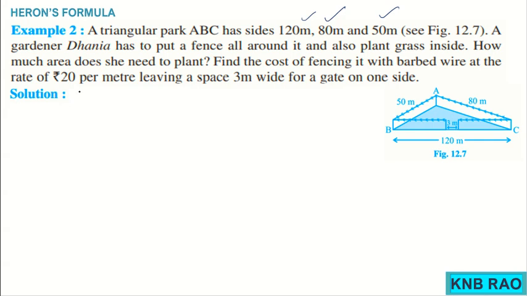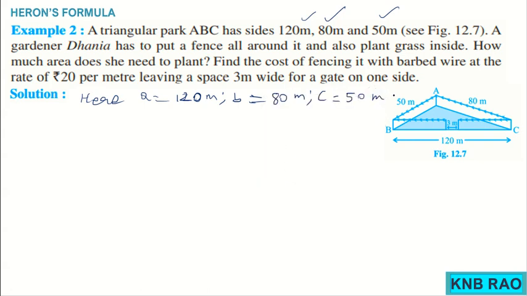See, first I will find out the area. Here vertex A is opposite the BC side, 120 meter becomes small a, the AC side, that 80 meter becomes b, and vertex C is opposite side AB, whose length is 50 meter, that becomes small c.